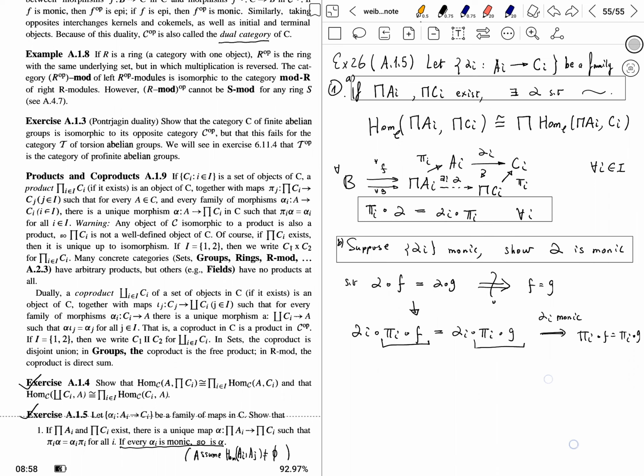It would be very nice if we knew the pi_i are epimorphisms, then we would be done. But in general this is not true; you can find counterexamples, though they are very extreme situations. Just one assumption would help us. I'm not sure if we could remove it for this exercise, but let's just suppose this is the case.